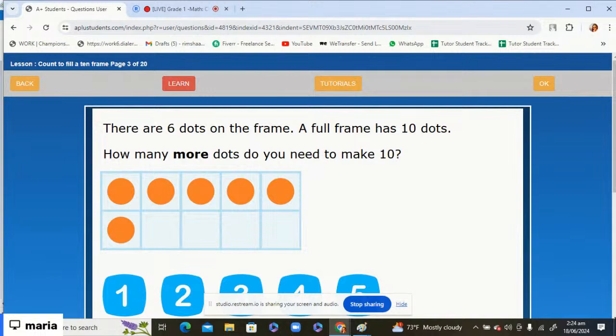I'm waiting. 6 dots are given. How many more dots that you need to make 10? How many blank spaces are there? Check it out. This is a very easy question. How many blank spaces? 4 blank spaces. Okay? Now tell me the answer.